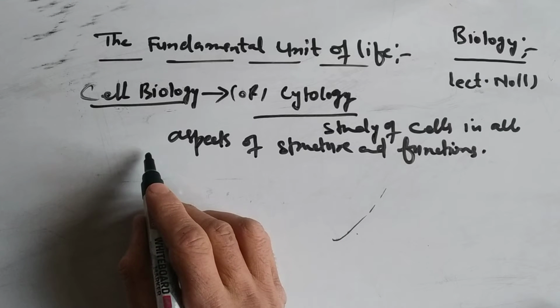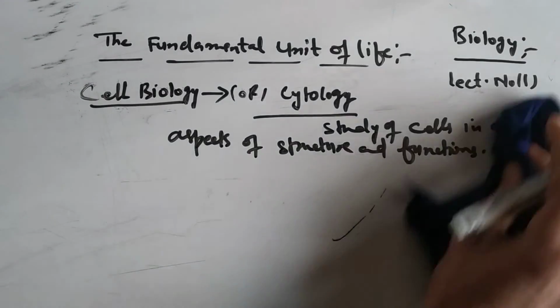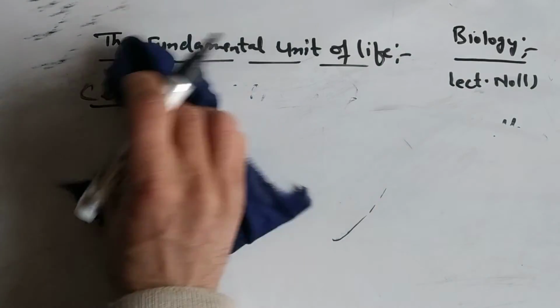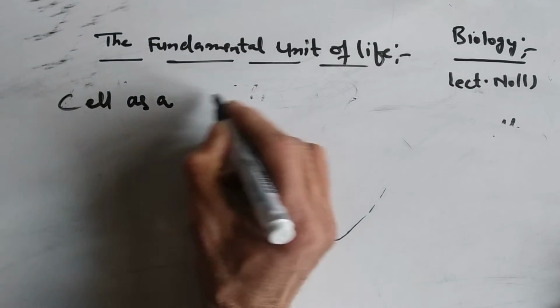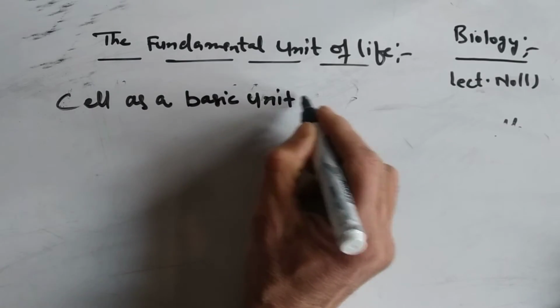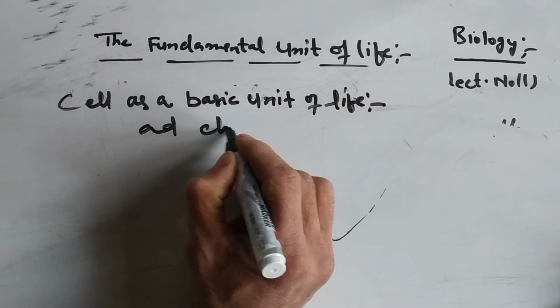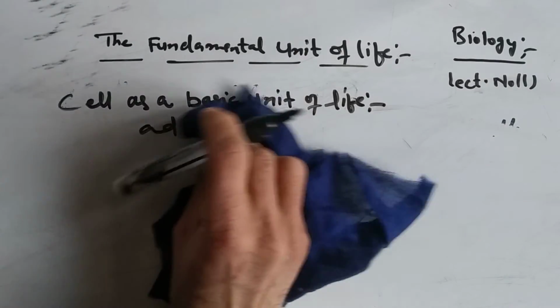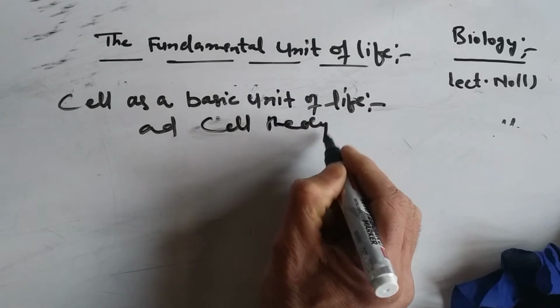The very first topic in this chapter is cell as a basic unit of life and cell theory.